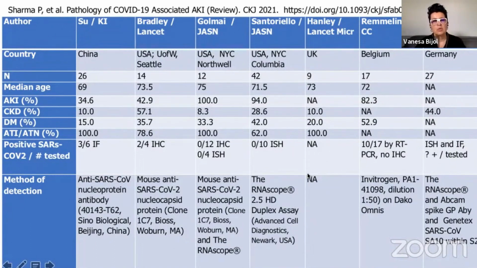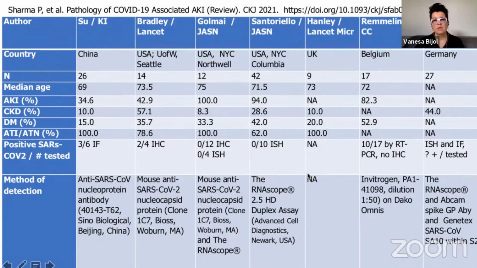And I think we were all seeing very similar things. Most of these patients had clinically significant acute kidney injury. Very often we were seeing acute tubular injury or ATN on histology. And we were seeing similarities, but where we differed was in the way that we handled viral detection.